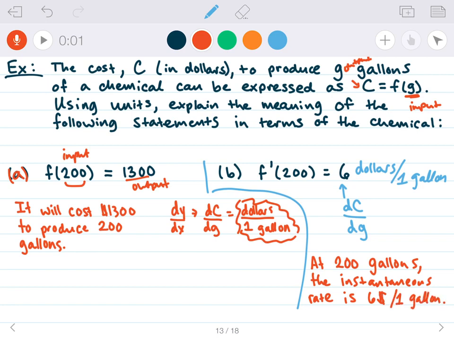And so if we produce one more gallon, like 201 gallons, for example, then the cost should increase by $6 approximately. So that's what this is telling us here.